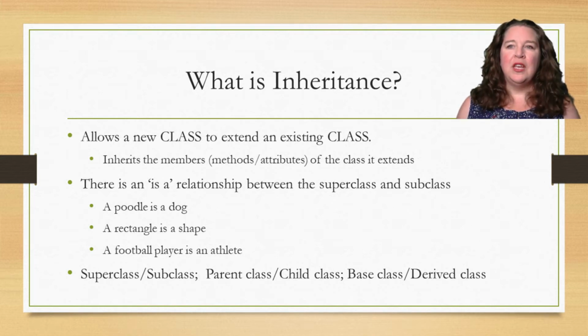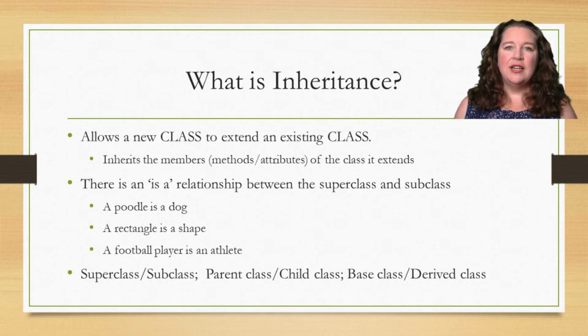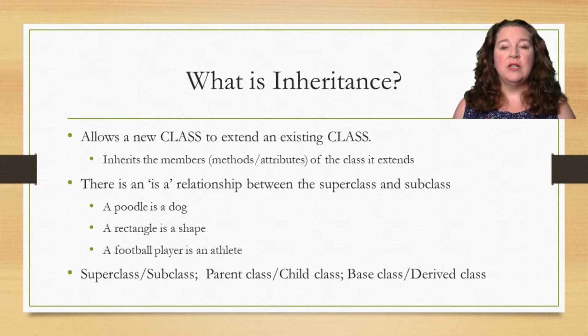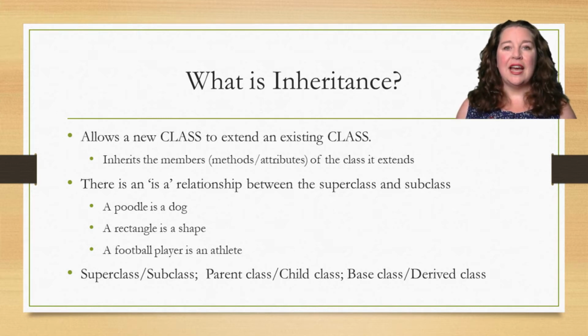There are three different ways that we refer to inheritance. Sometimes it's called a parent-child relationship, where you have a parent class and the child inherits from the parent. Sometimes it is a superclass and a subclass. The superclass is the first class that you started with, and every class after that is a subclass. Kind of the way we type things in biology, where you have a superclass and then underneath that you have multiple subclasses.